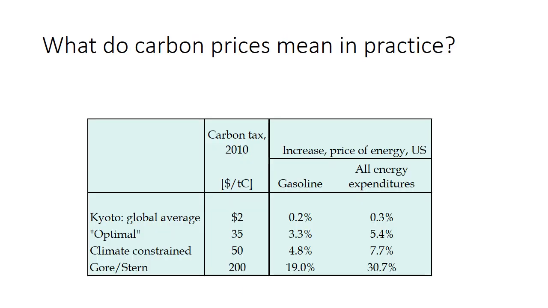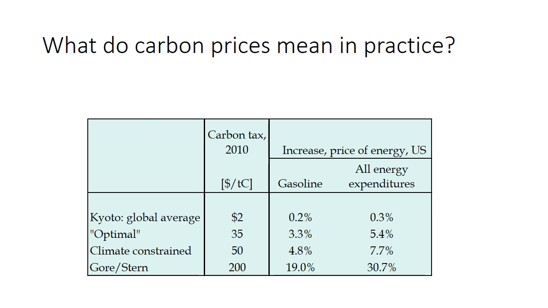What do these carbon prices mean in practice? Okay, so if we had a carbon tax in 2010 dollars of, let's say, the optimal, let's look at that, of $35 per ton of carbon, how much would this affect the price of energy in the US? Gasoline, it would increase gasoline prices by 3.3%.